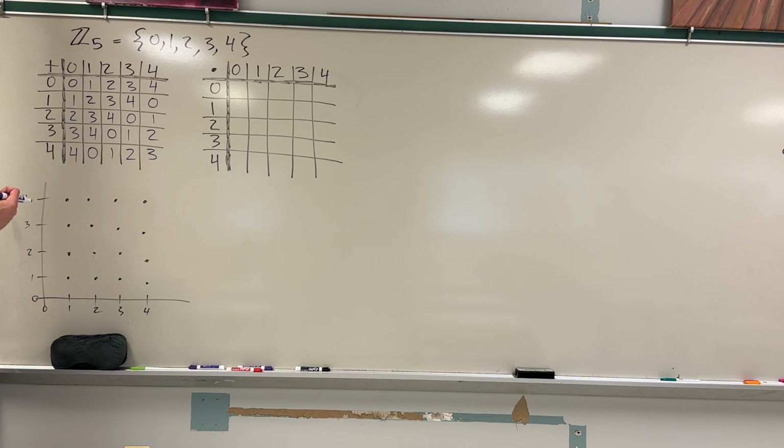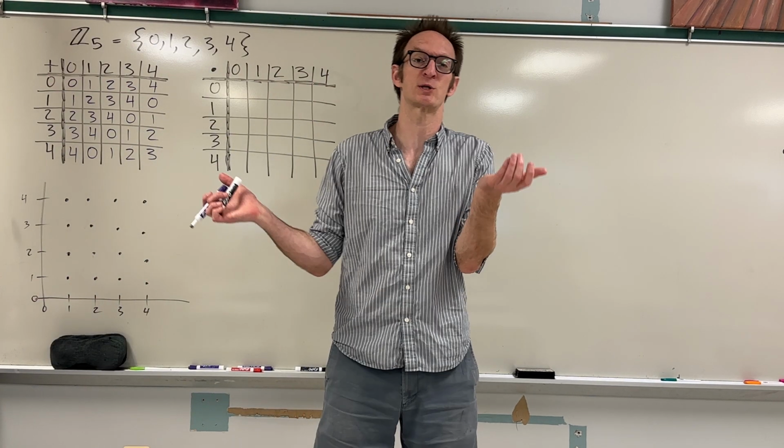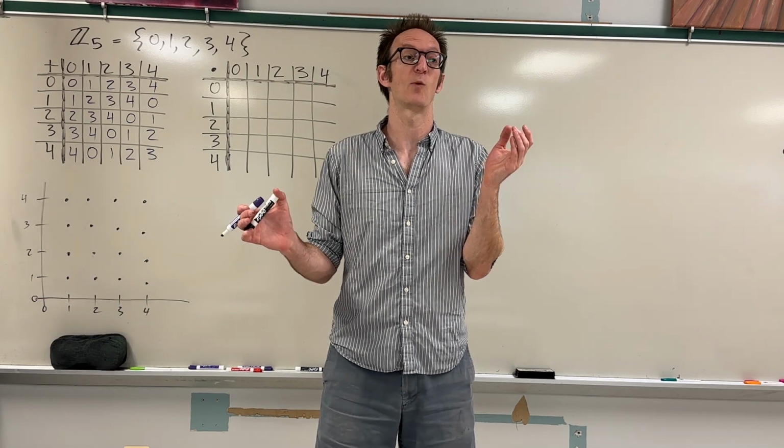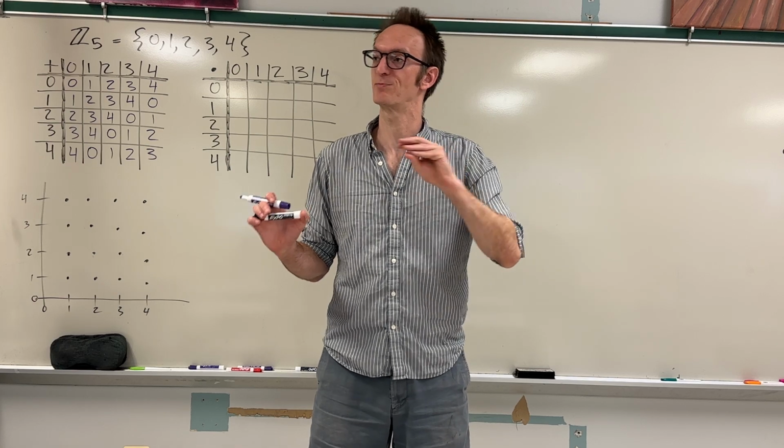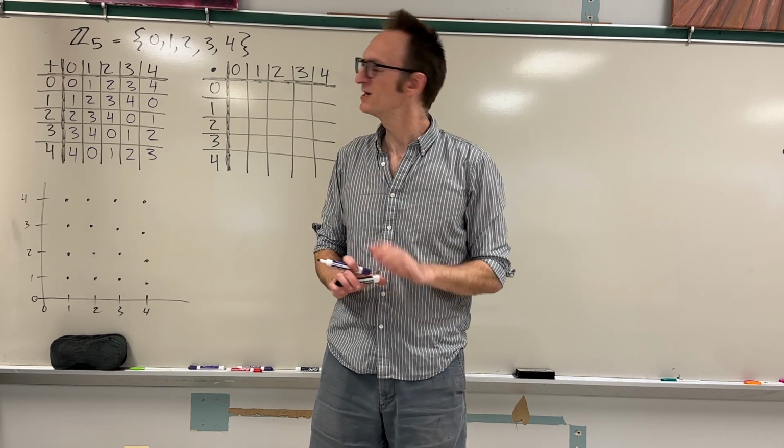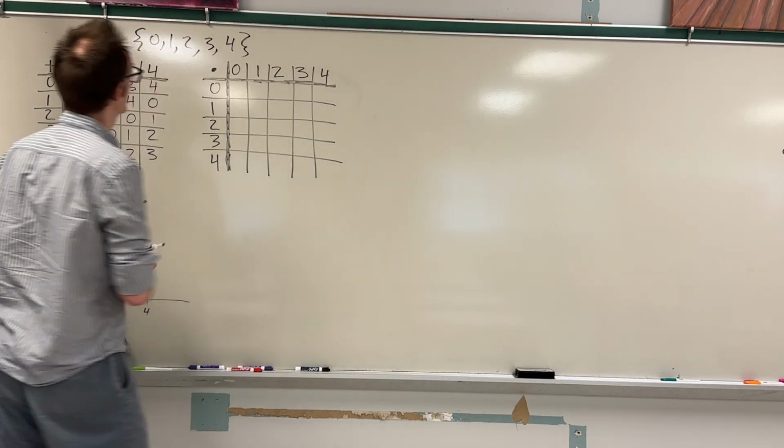It doesn't matter in what order you add them, and that can be seen by the table being symmetric with respect to the diagonal. Also, it's associative. You can just trust me on that, or you can just think about it for a second. It doesn't matter whether you do (A plus B) plus C or A plus (B plus C). This is too much detail. It's just associative because duh.